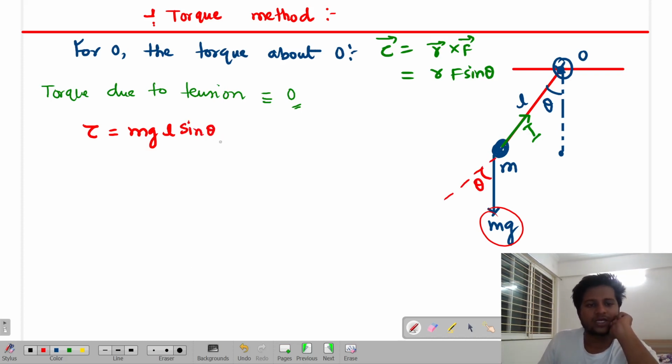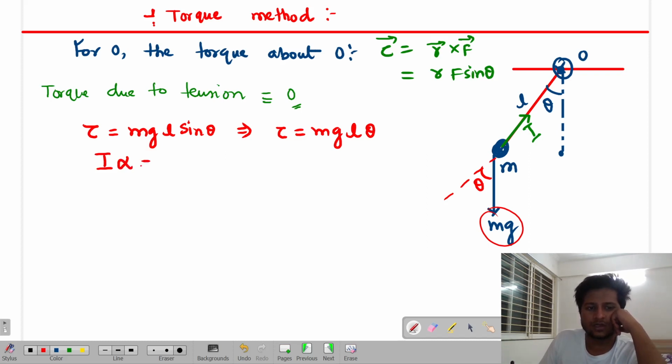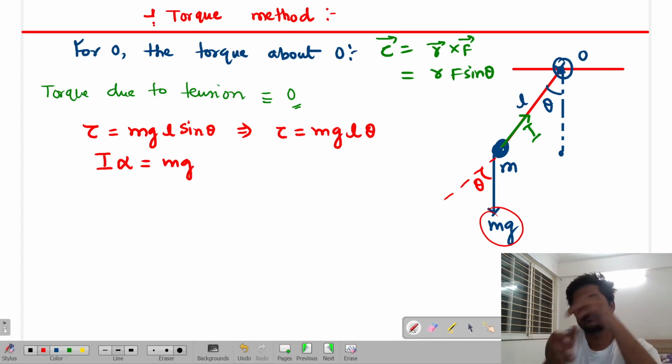Now once again, if theta is small, I can write it as mgl into theta. Torque is I into alpha, which is mgl theta. This torque is creating the oscillation. Do you not remember the torque formula?